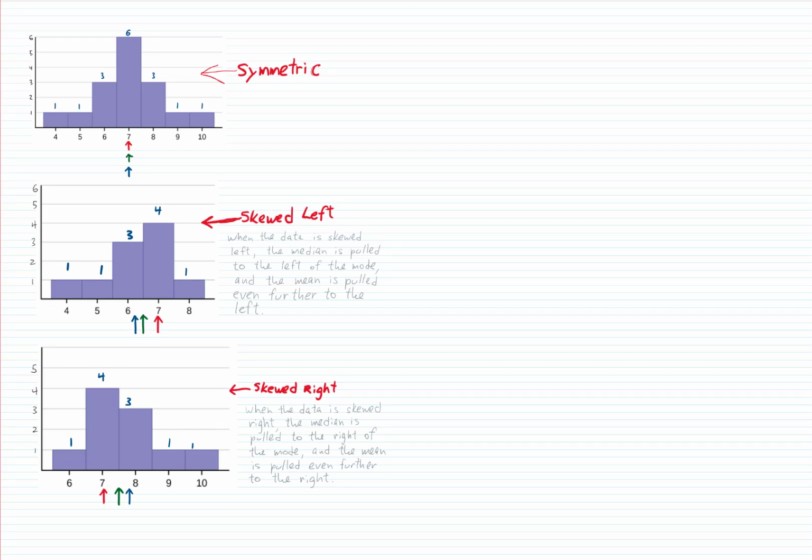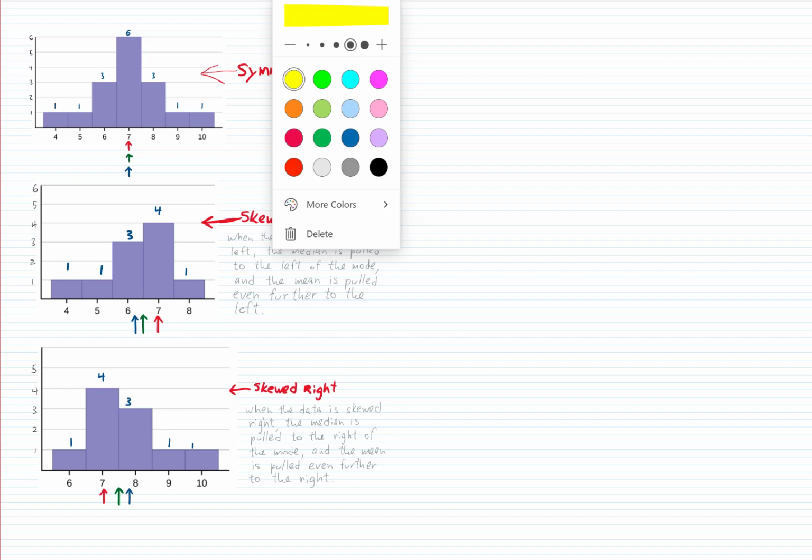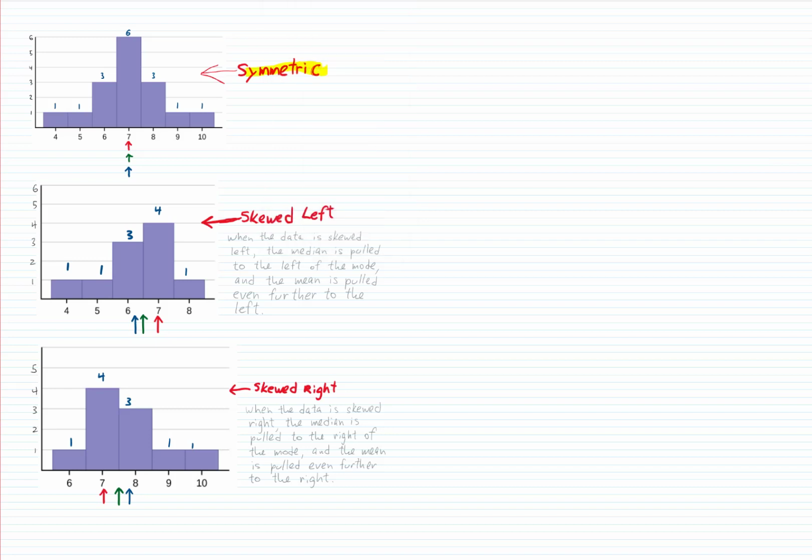So here's what I want you to take away from this. I want you to know how to calculate the median and the mode and the mean. And I also want you to know this. When the data is symmetric, then we end up with the mean, median, and mode all lining up right in the middle.